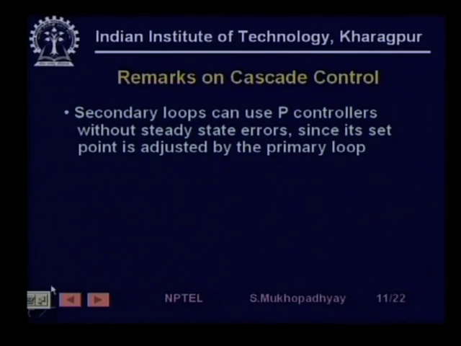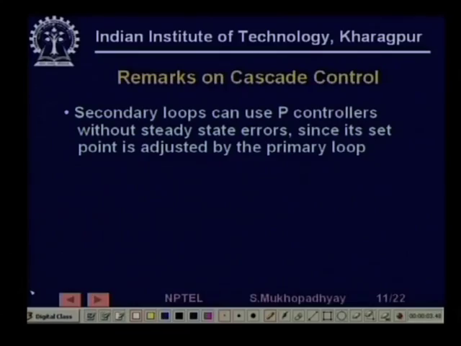Then, having understood cascade control, we see some important remarks. Firstly, secondary loops can use P controllers. Why? We know that P controllers can result in steady state errors.